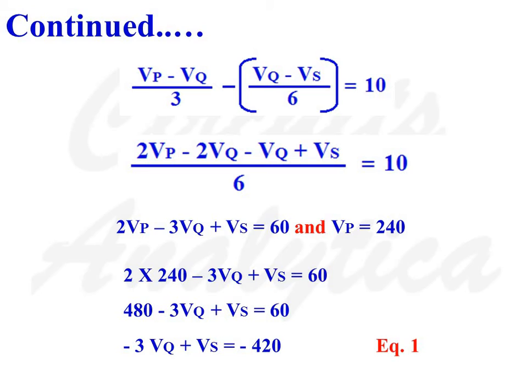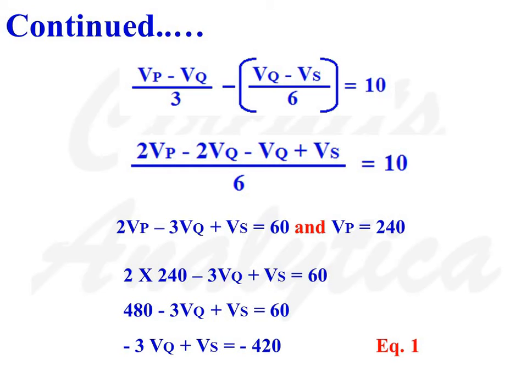Taking LCM as 6, 2Vp minus 2Vq minus Vq plus Vs the whole divided by 6 is equal to 10. 2Vp minus 3Vq plus Vs is equal to 60 and Vp is given as 240.